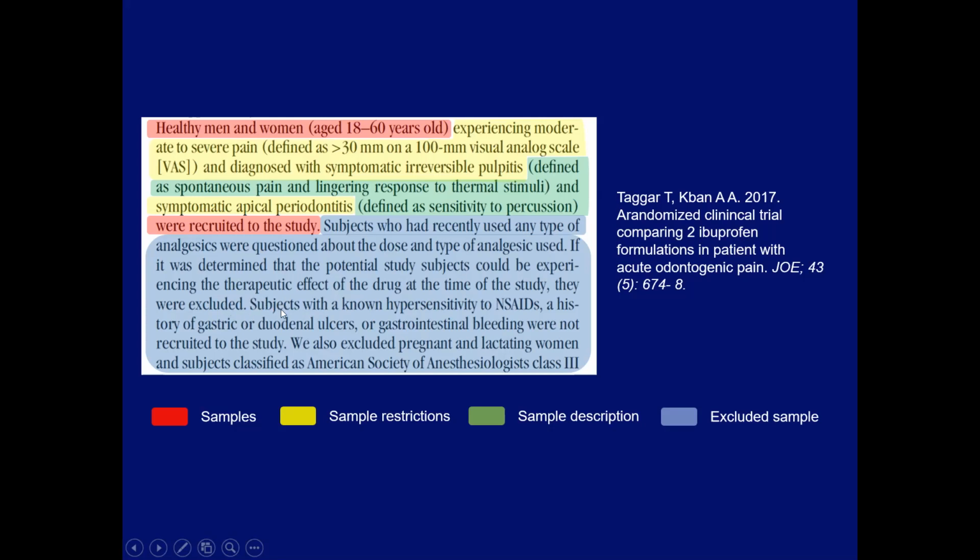And then subjects with a known hypersensitivity to NSAIDs, a history of gastric or duodenal ulcer, or gastrointestinal bleeding were not recruited. So this is the meaning of exclusion also. We also excluded pregnancy. So all of these three different sentences belong to the exclusion criteria: pregnant and lactating women and subjects classified as American Society of Anesthesiologists class 3.